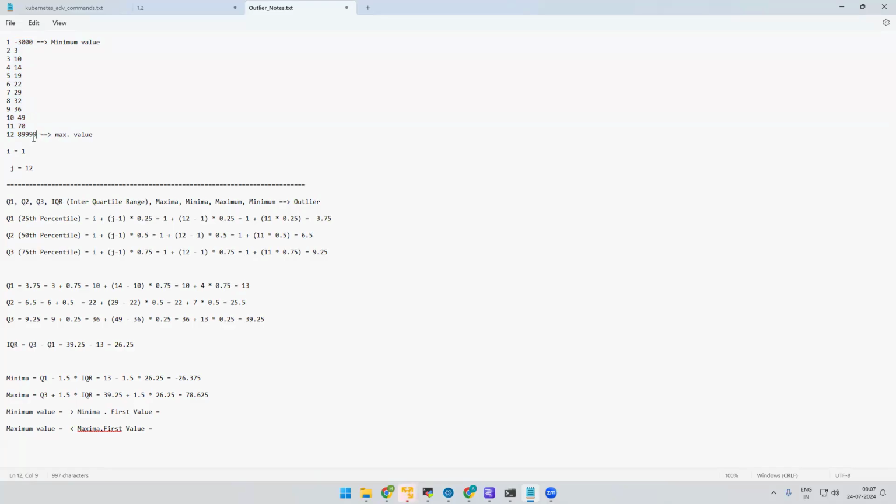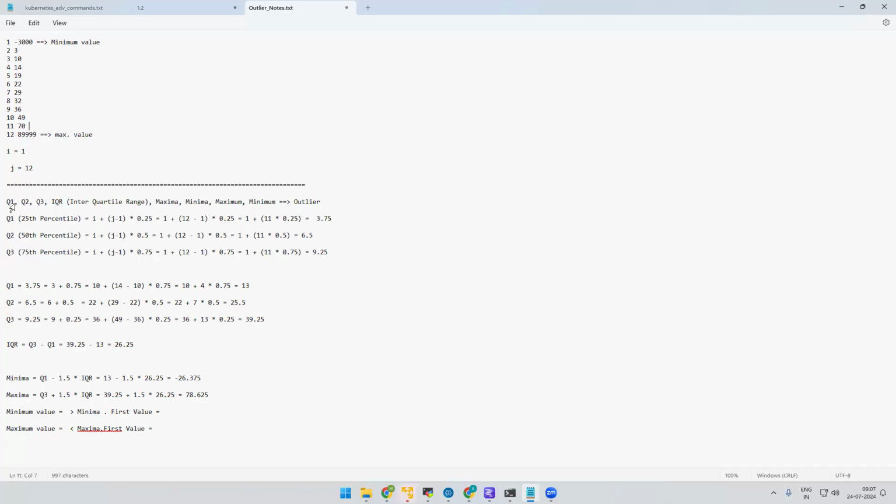Both finding minimum and maximum value and finding outliers matter. Otherwise, if we include outliers, we can't apply all the statistics. Obviously, we can't derive the right conclusions, and thereafter we can't take right decisions if we don't have right conclusions, right?